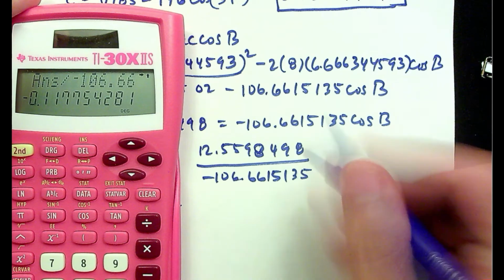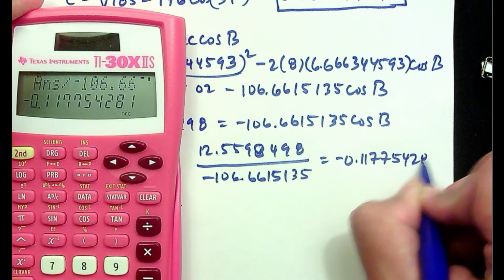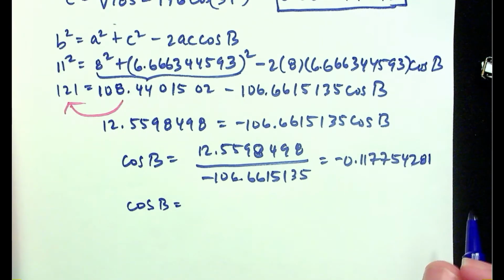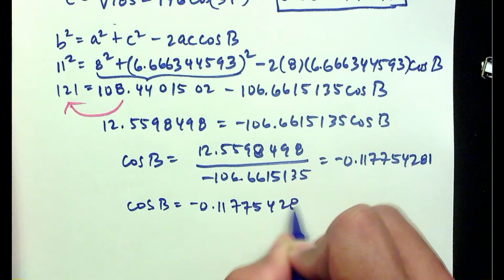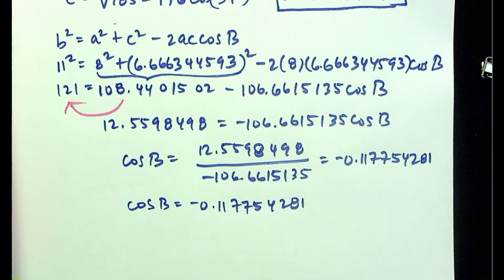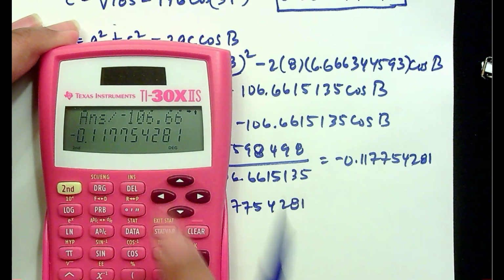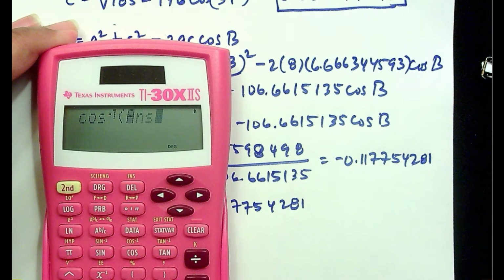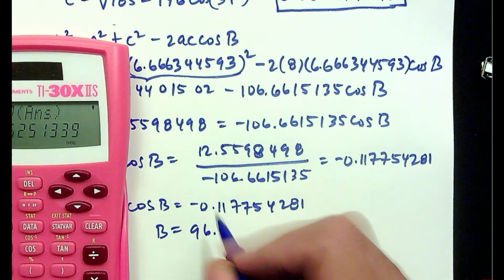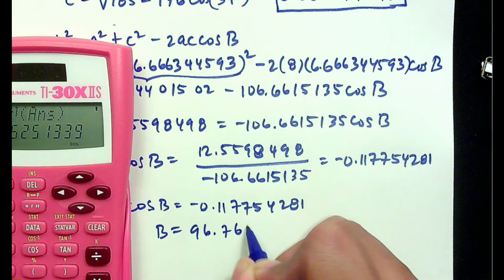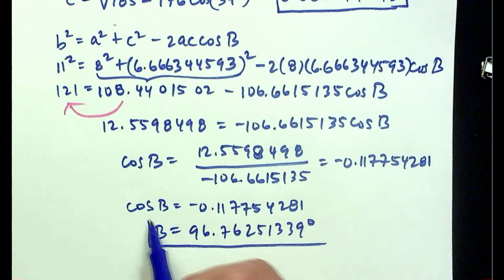So we got negative 0.117754281, and lastly, I'm going to hit this with cosine inverse to get the angle. Okay, you get 96.76251339 degrees.